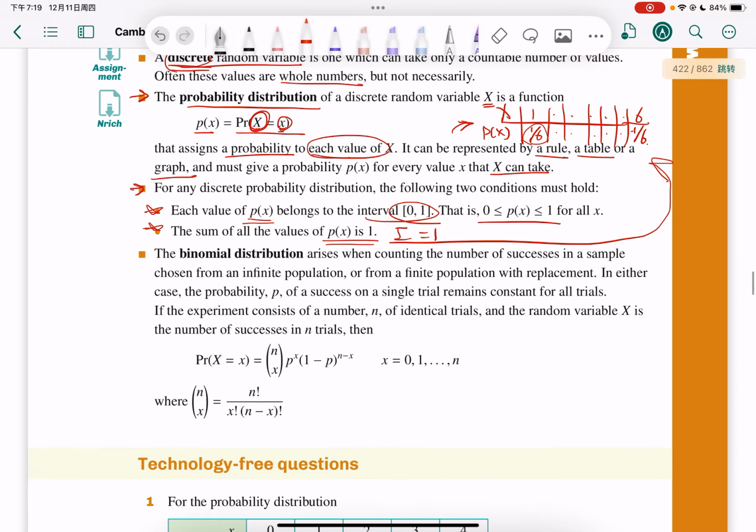The next one, the binomial distribution, arises when counting the number of successes in a sample chosen from an infinite population or from a finite population with replacement. The replacement makes sure that every chance is equal.